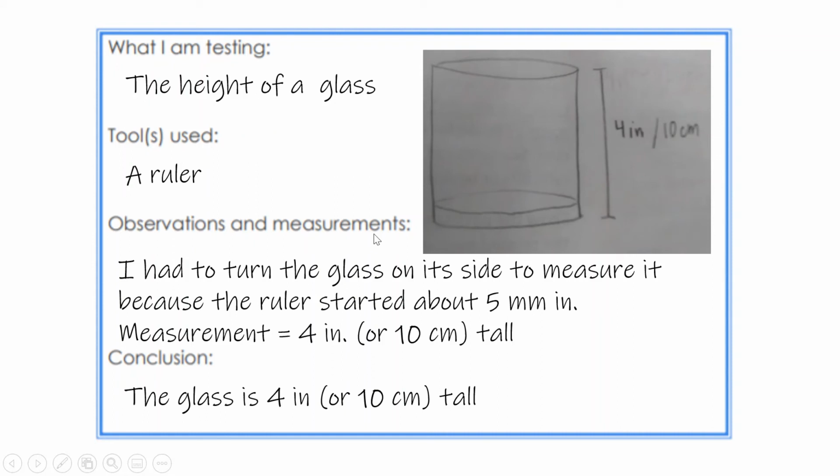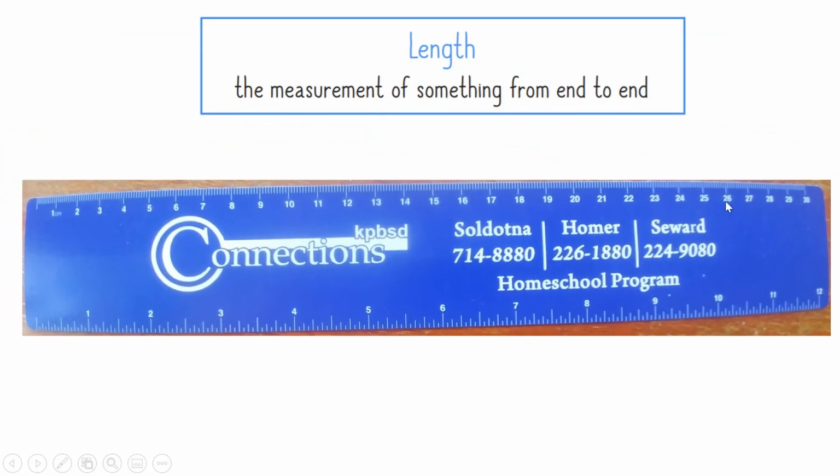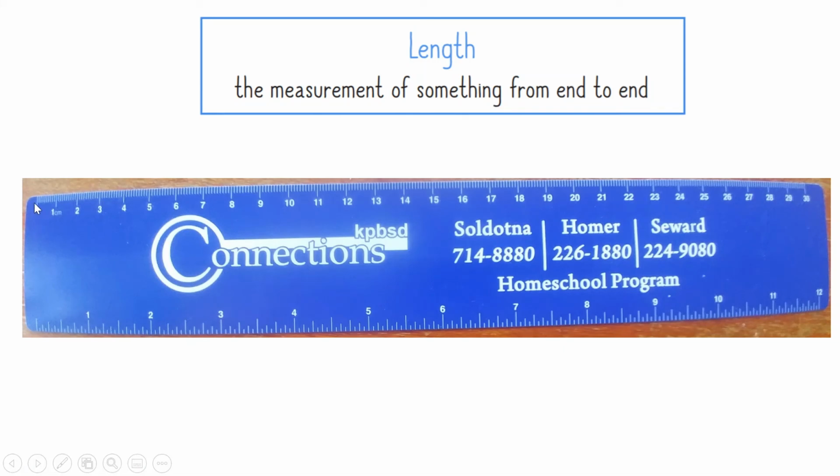Observations and measurements. I had to turn the glass on its side to measure it because the ruler started about 5 millimeters in. I see the "in" and I think inches, but no, it was 5 millimeters. I'll show you here. So where it started, I couldn't put it right up against the table where I had the glass sitting because it was about 5 millimeters.